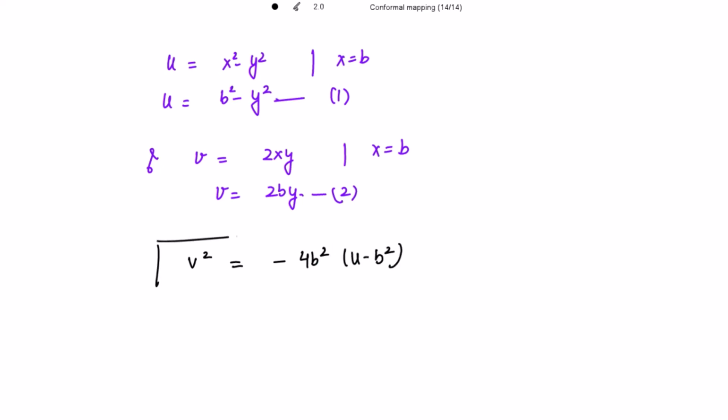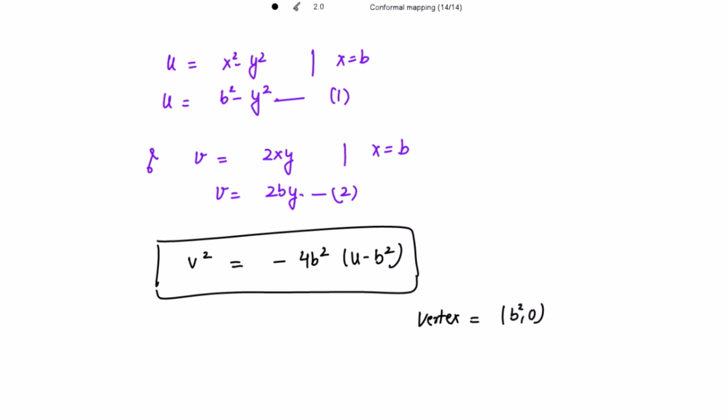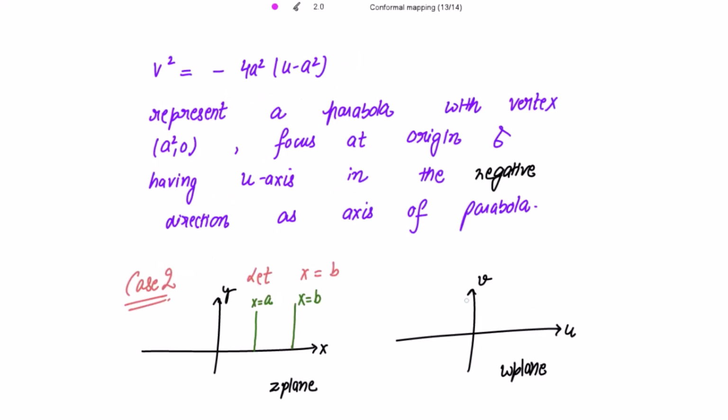So again, this is the equation of a parabola, but now the vertex is b square comma 0. Focus is at the origin. And also this is the equation of a parabola having the u axis again in the negative direction, right? Because of this negative sign. So we are getting the parabola as this.